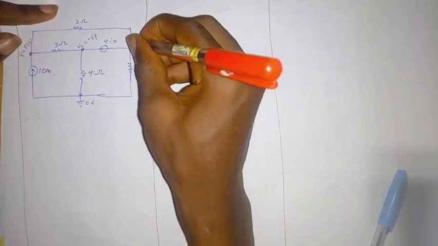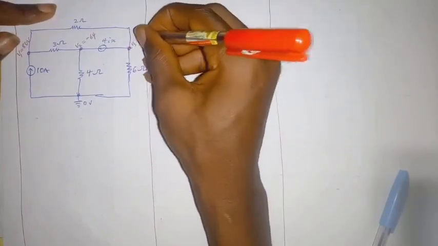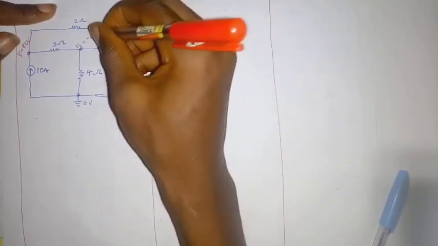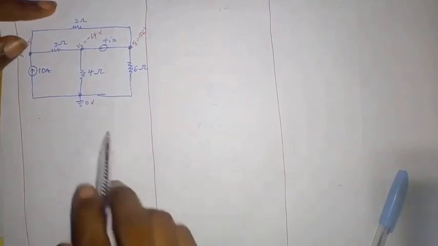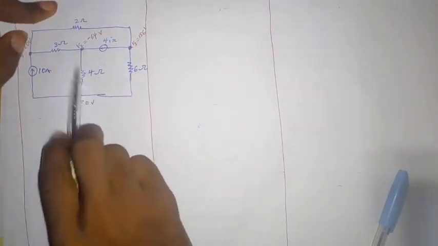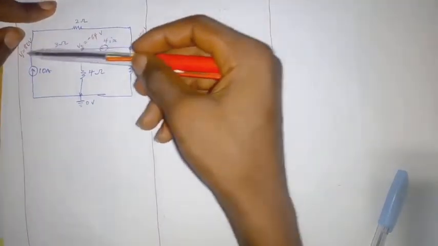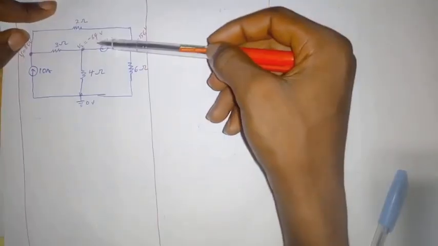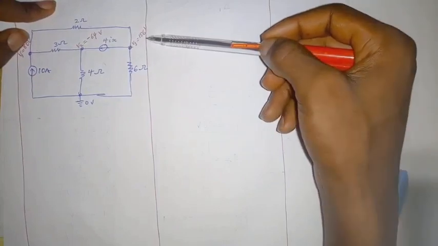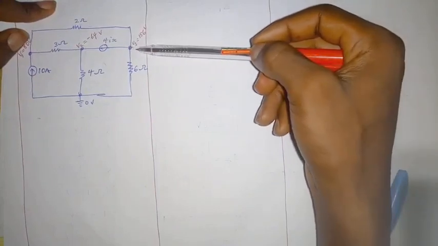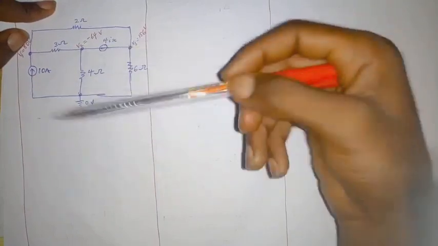Then your V3 is 156 volts. So this one, just analyze your circuit. Sometimes if you want to get the answer, like you've gotten 80 volts, minus 64 volts, and 156 volts, if you want to check your answer, maybe you are correct or you are wrong.